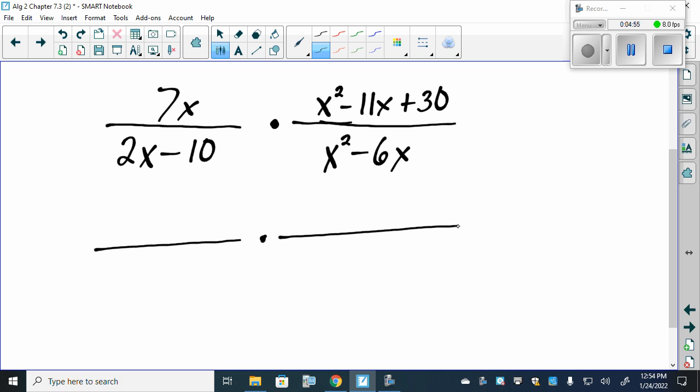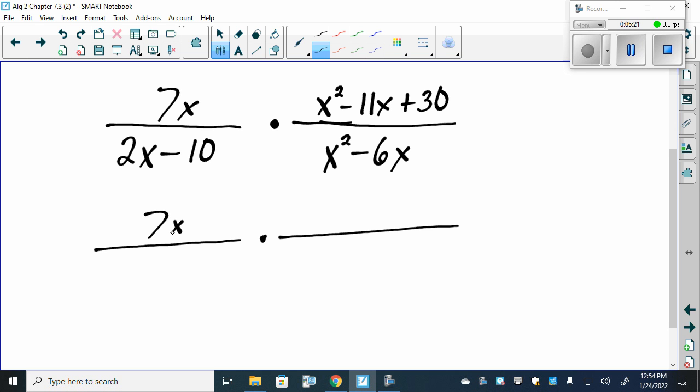Now when we look at these here, 7x won't factor because it's only one term. Since it's a single term, it's going to stay there. We can't do anything to it. Now, for the rest of these, I'm going to look at the ones that I can factor the easiest. If it just has a greatest common factor or a difference of perfect squares are the ones I would want to factor first.